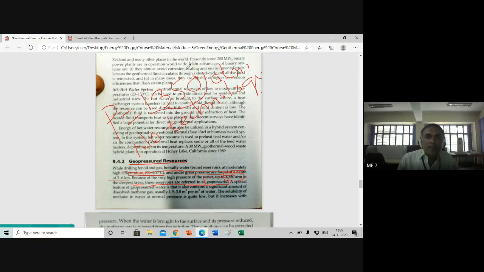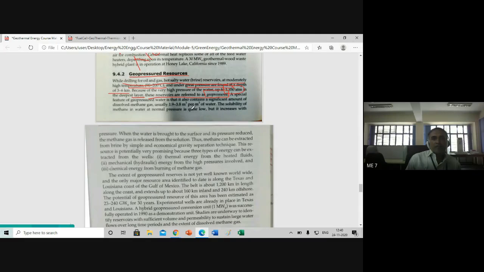The enormous pressure, this is high pressure, so nothing can withstand it. So that is why geopressurized is simply a theoretical one. But by some alternate method they will use it.